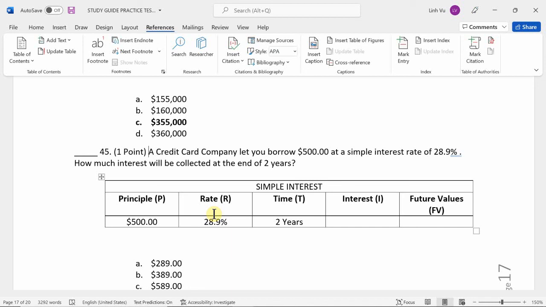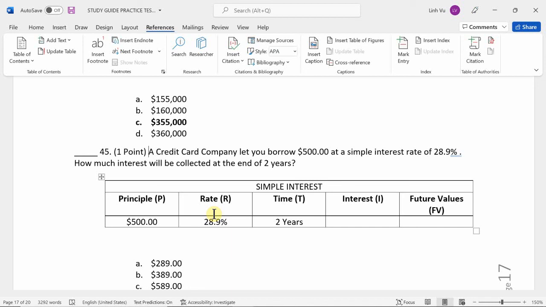So 500 times 0.289, not 0.0289, because it's 28.9%. You see this 28.9%, right? To change this into a decimal, you move the decimal left by 2 spots.